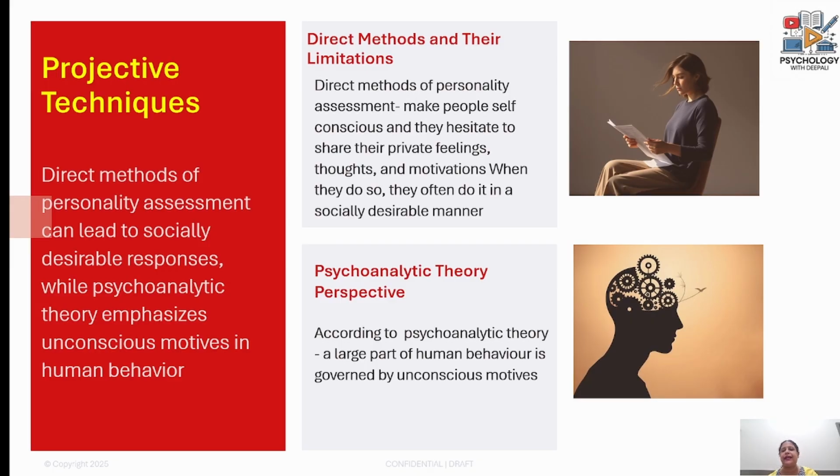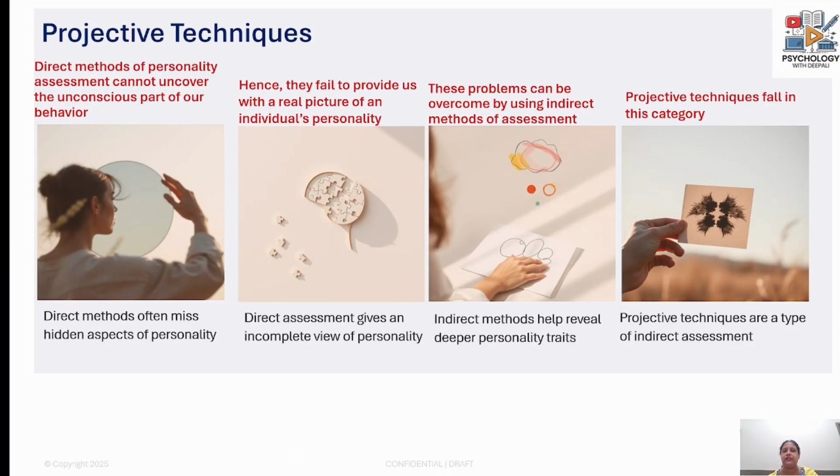According to psychoanalytic theory, a large part of human behavior is due to what is there in the unconscious. Whatever is there in the unconscious is what is actually governing and deciding our behavior. So, projective methods have been developed as part of the psychoanalytic perspective, which tries to measure the personality of a person through indirect methods.